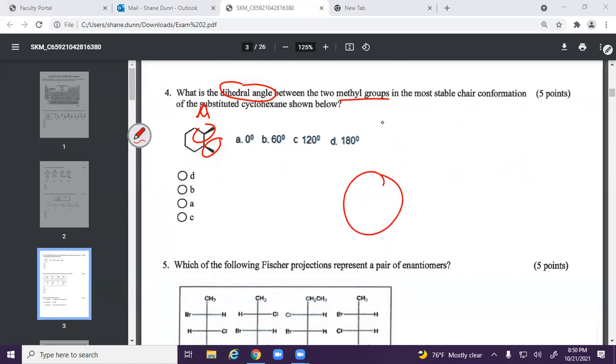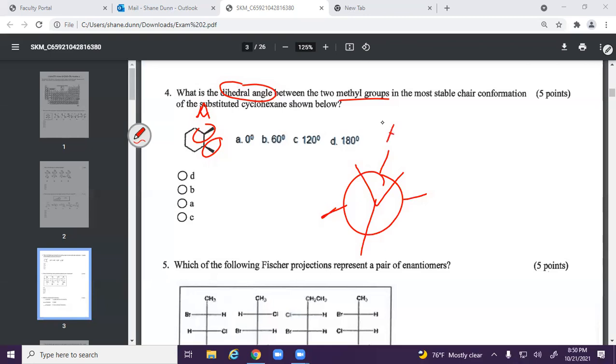Since we're looking straight down, going off like this, going off like this, technically speaking. I hate Newman projections when you have to draw them correctly. And then that would be down here, something akin to this.